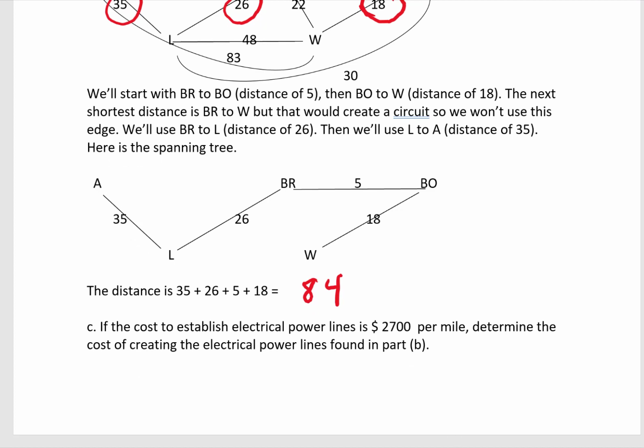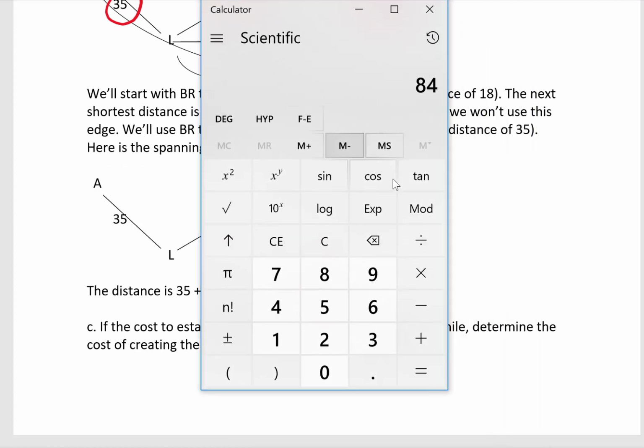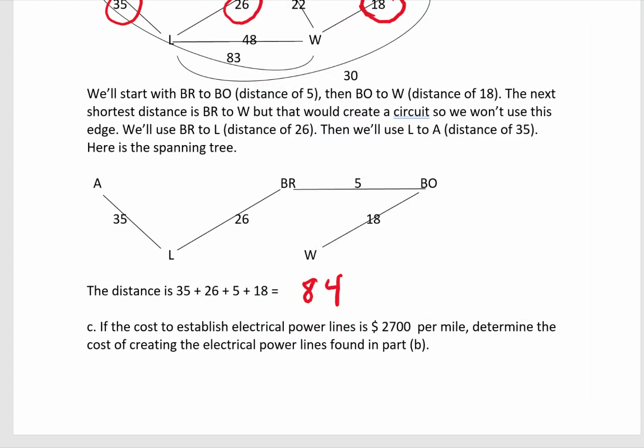So I'm going to take 2,700 times the miles, which I still have in my calculator, to find the total cost of establishing this minimum cost spanning tree. It's going to be $226,800.